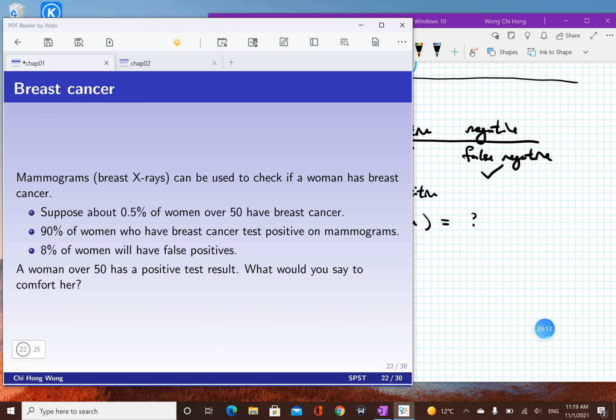I've got another example here, which I have to admit these PowerPoints were written earlier, before COVID-19. If I had known, I should have changed that PowerPoint to an actual COVID-19 example.